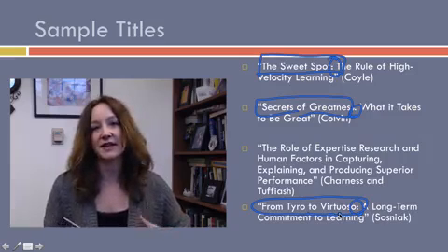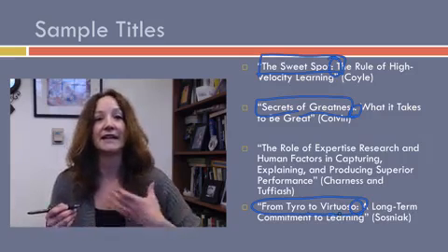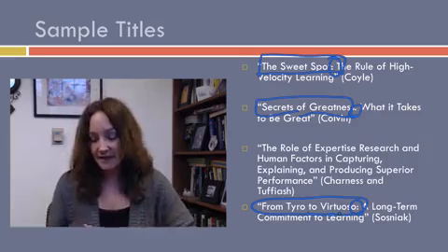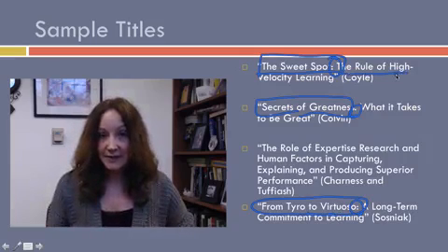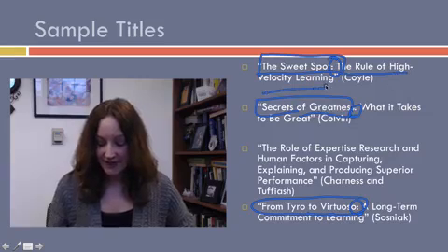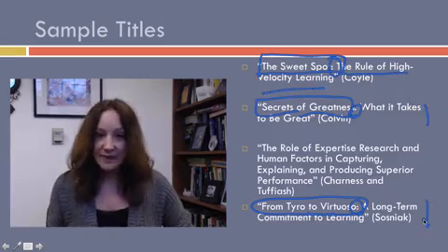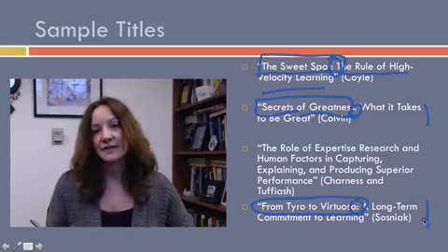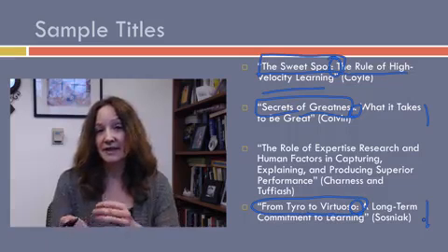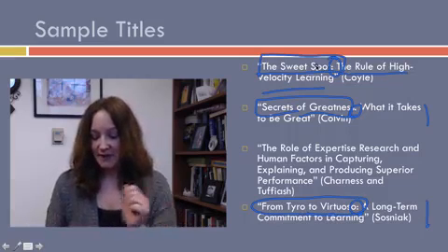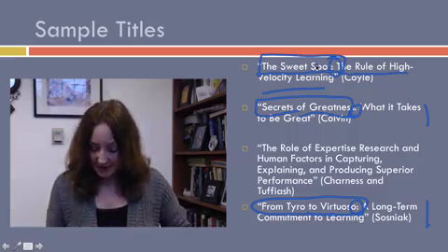I think these authors are trying to be inviting and engaging. And then the second half of the title tends to be a little more informative: the rule of high velocity learning, what it takes to be great, long-term commitment to learning. So readers can get engaged by the first part and then informed by the second part.